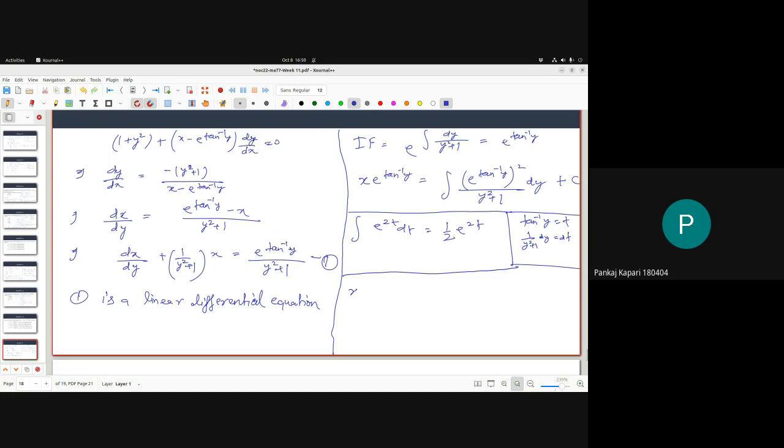So the final general solution in this case is given by x e to the power tan inverse y is equal to, because we have already integrated this term and it turns out to be half of e to the power 2t where t is tan inverse y, half of (e to the power tan inverse y) whole square plus constant.